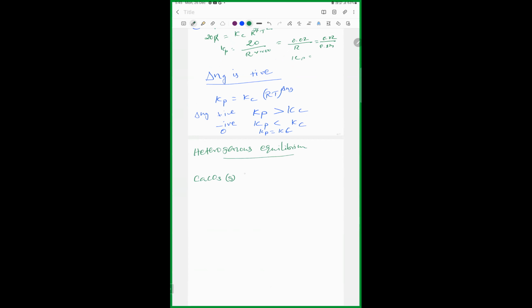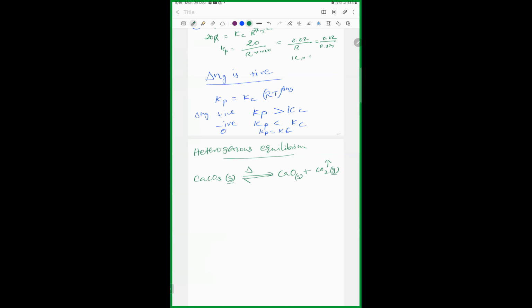When you heat it, it becomes calcium oxide in solid form and liberates carbon dioxide gas. When these two combine, they give calcium carbonate as a solid. So the reactant is solid, one product is gas and the other is solid. They are in different phases, so this equilibrium is called heterogeneous equilibrium.